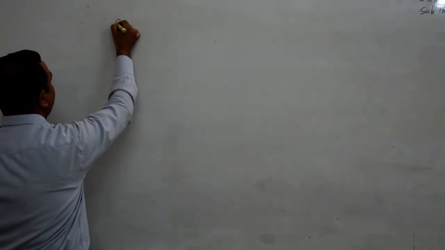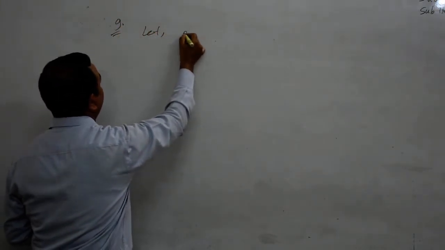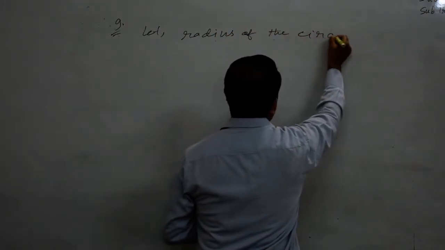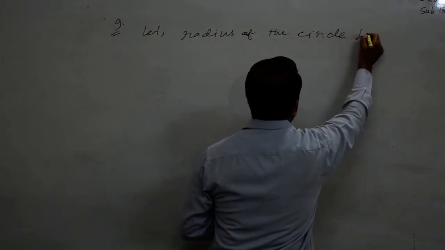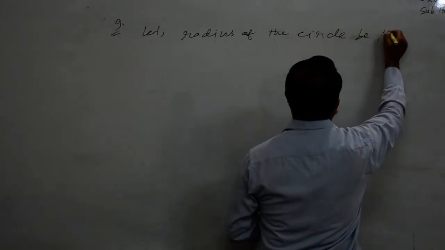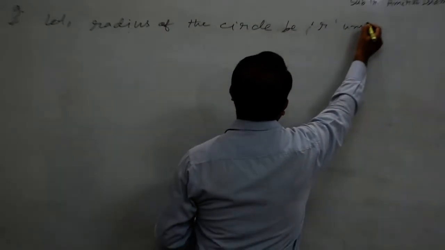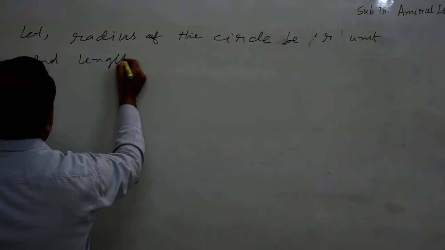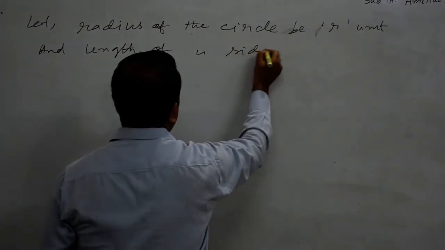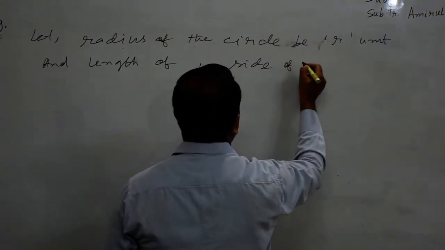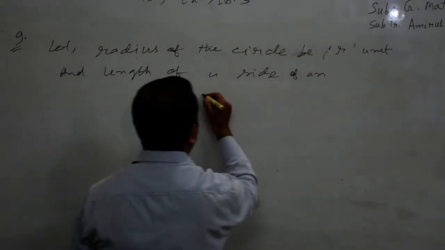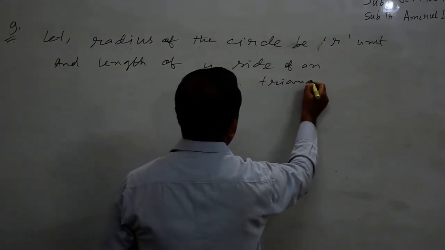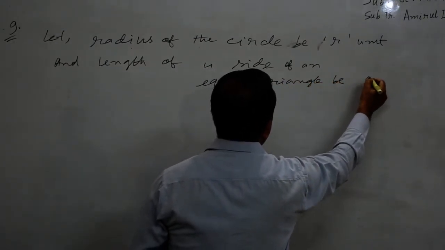Question number 9. Let the radius of the circle be r unit, and the length of the side of the equilateral triangle be a unit.